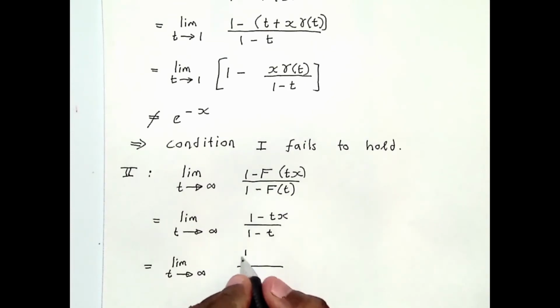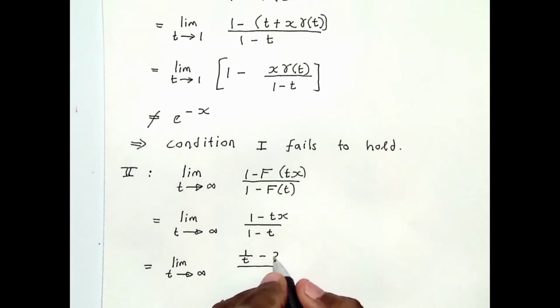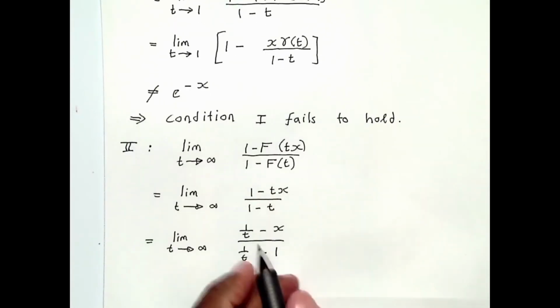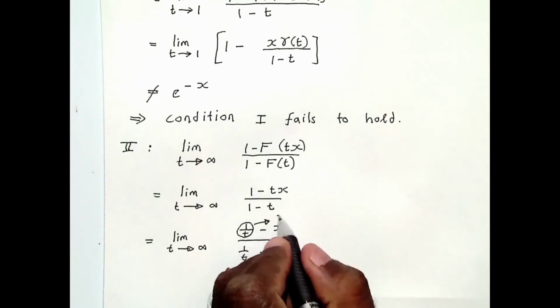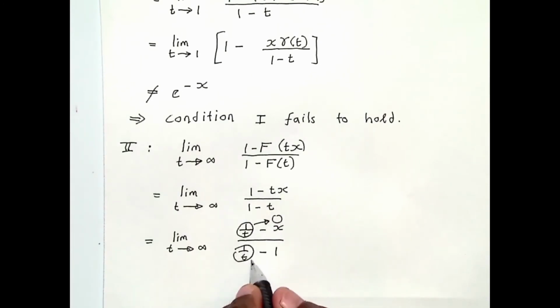So this is going to be 1 over t minus x, and this is 1 over t minus 1. As t goes to infinity, 1 over t goes to 0, and so does this one.